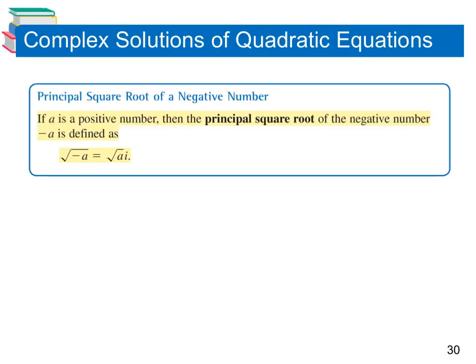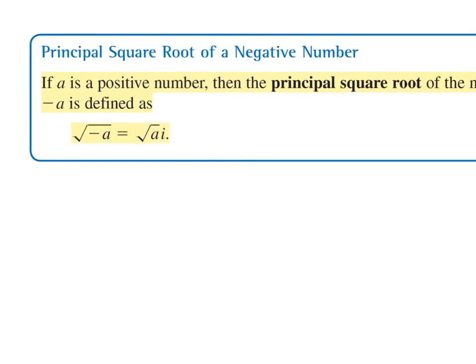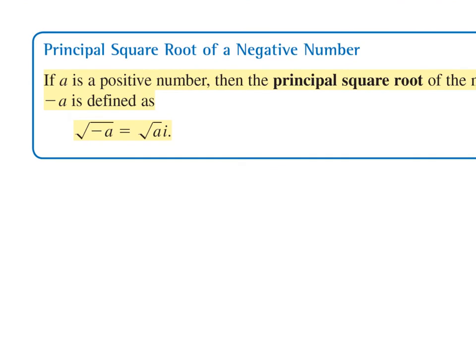All right, next slide. We have the principal square root of a negative number. If a is a positive number, then the principal square root of the negative number, negative a, is defined as: the square root of negative a is equal to the square root of a times i.